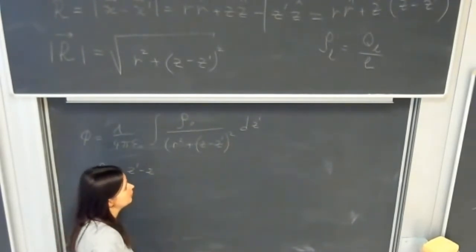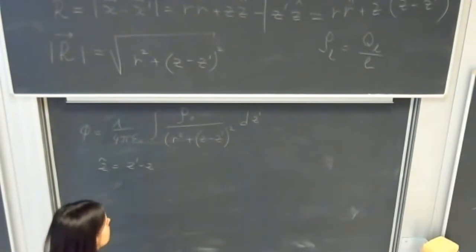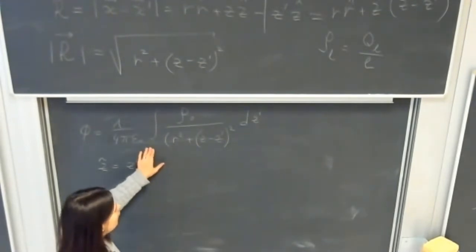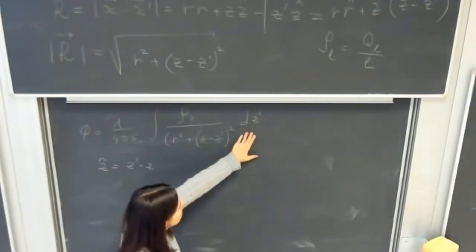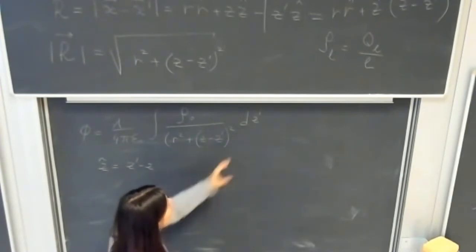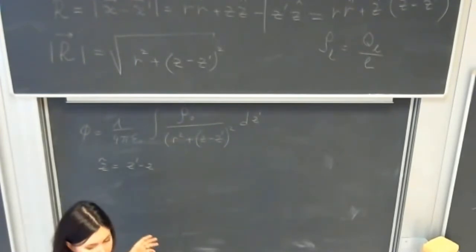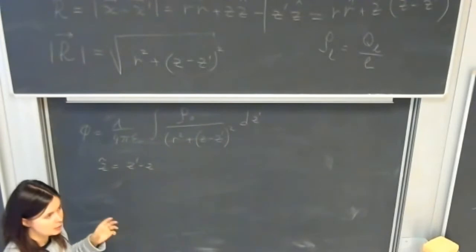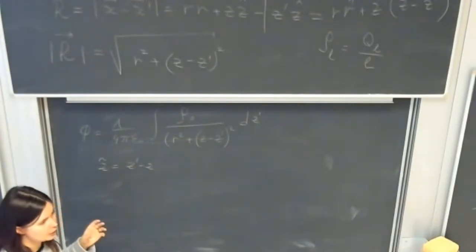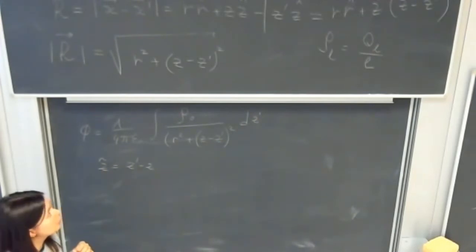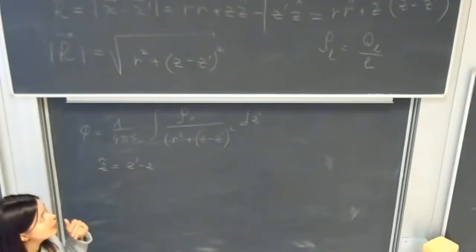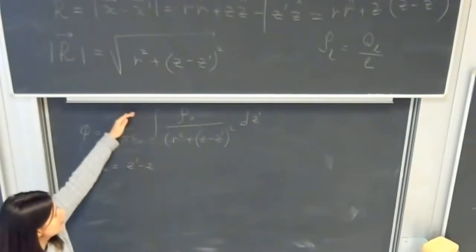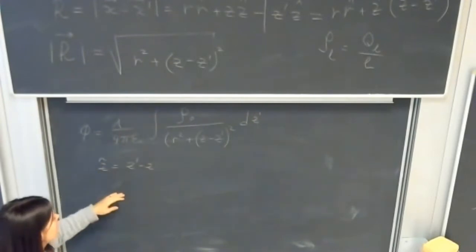And then the limits of integration along z prime: if we put the origin in the middle, we have minus h divided by 2 for the negative axis and h divided by 2 for the positive axis.